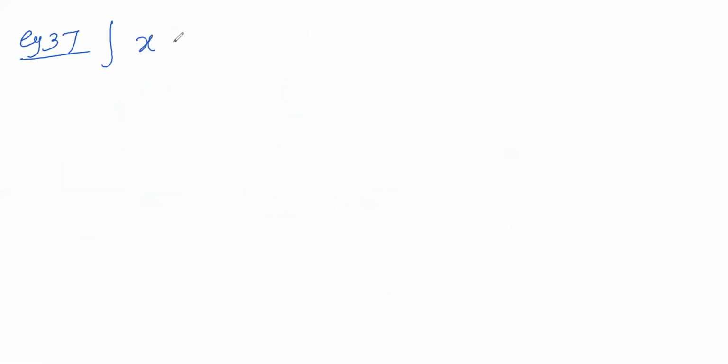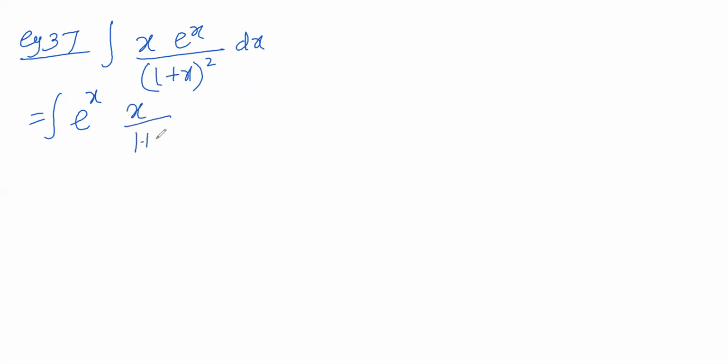Integral x into e power x by 1 plus x the whole squared into dx. I'm rewriting the question: first I am writing e power x into x by 1 plus x the whole squared into dx. So e power x we got, and the remaining terms should come as f of x plus f dash of x.